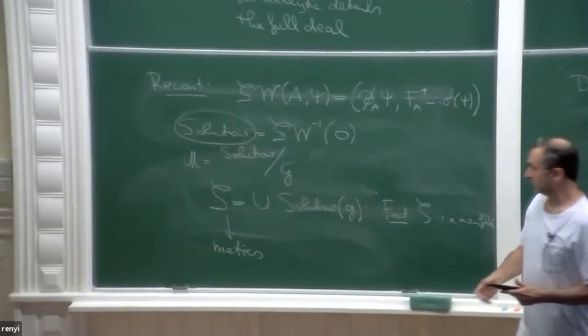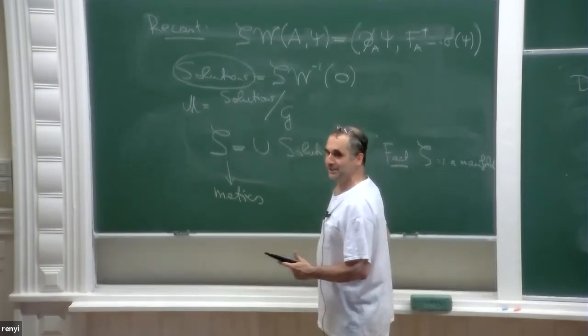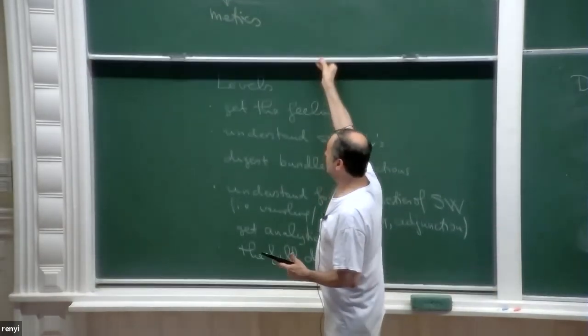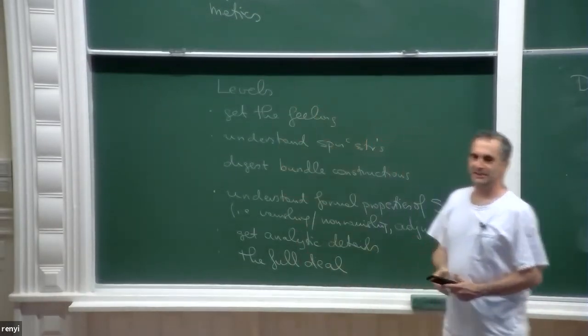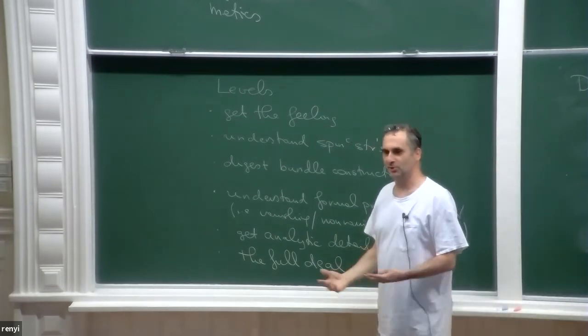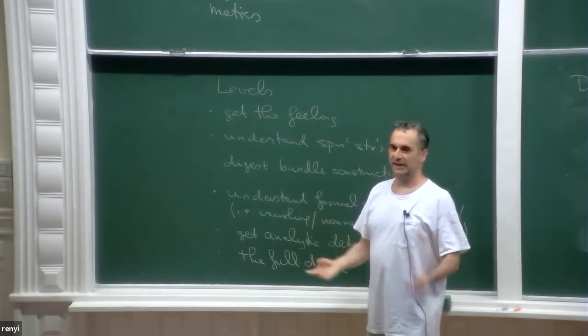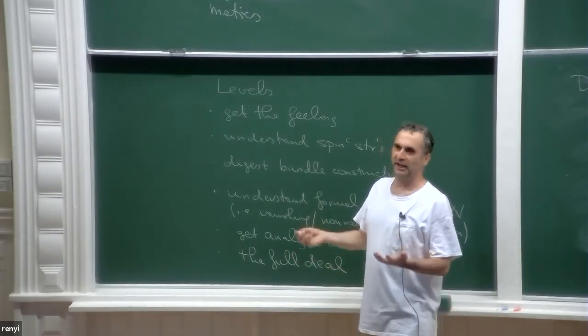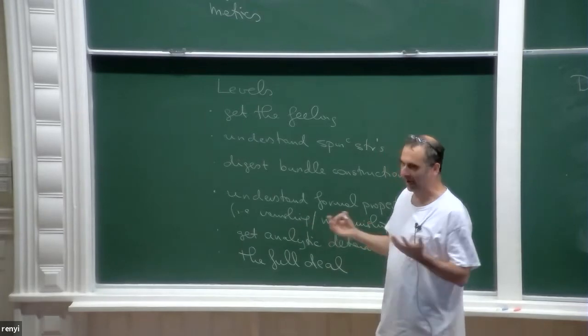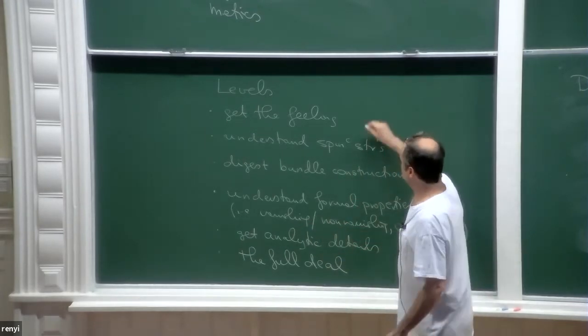But before doing that, let me give you some advice. There are various levels at which you would like to understand these notions, and here I gave a roadmap. The first level is just to get the feeling of how these invariants are defined, a rough picture. That's level 1.